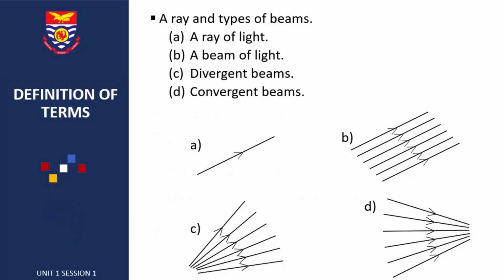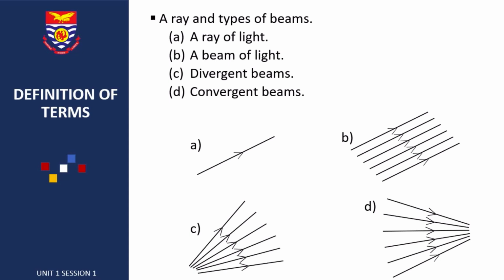Light, as electromagnetic radiation, is made up of very discrete particles that we call photons. And yes, we all know that light travels in a straight line. So, in presenting the path of light, we draw a thin line with an arrowhead on it, as presented in figure A. The arrowhead presents the direction of propagation of light, and that is called what?